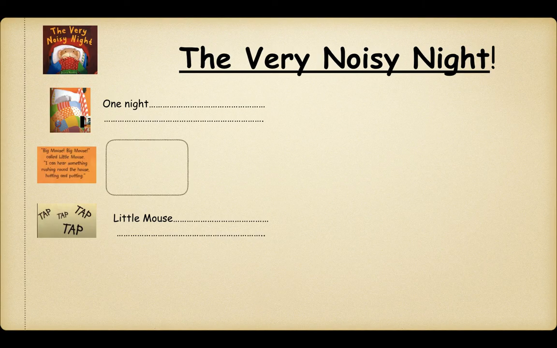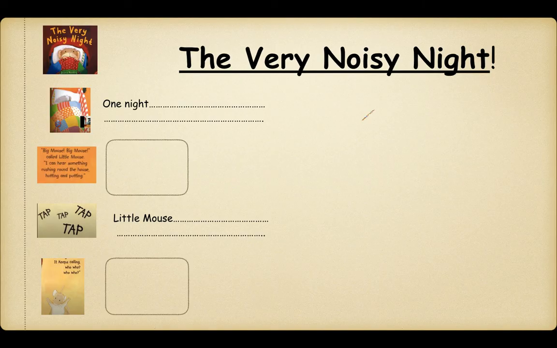So you have to remember the story. What comes next? You're going to do another picture. I'll read the sentence. It keeps calling, hoo hoo, hoo hoo. Now, what was making the hoo hoo sound? Do you remember? What animal was making the hoo hoo sound?